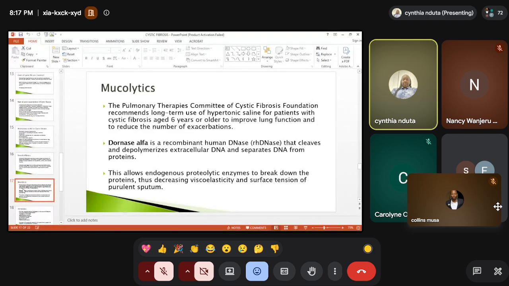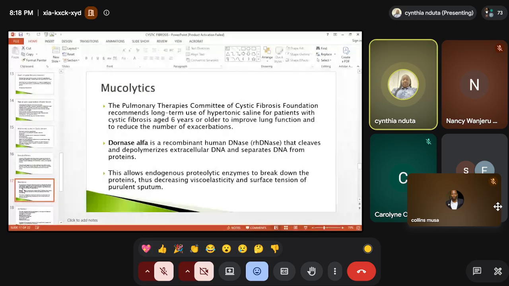However, we can also have other drugs. You can see a drug there called Dornase Alpha. This one cleaves and breaks down the mucus and depolymerizes the DNA, separates the DNA, and this allows the enzymes to break down the protein.